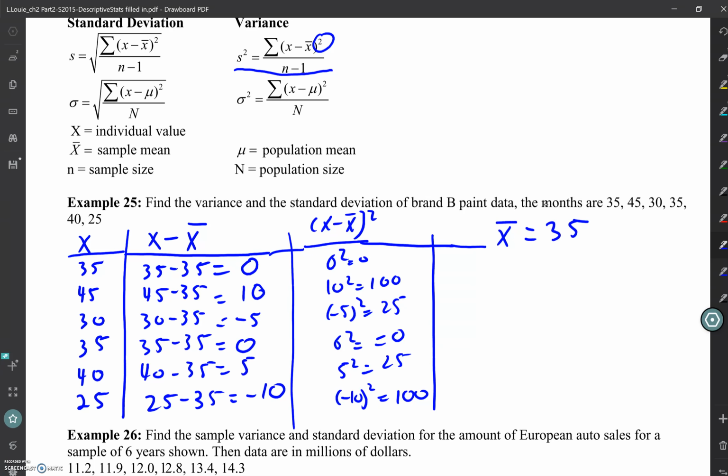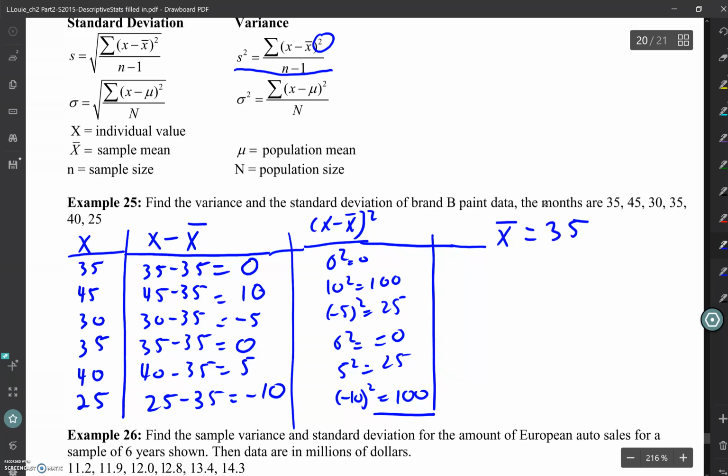All right, now this big sigma that's in front tells me to add all of those up. So let's add this column and see what the total is. 250. And then I'm going to get my variance, which is sigma squared, by taking 250 and dividing by n minus 1. What's my n? 6.